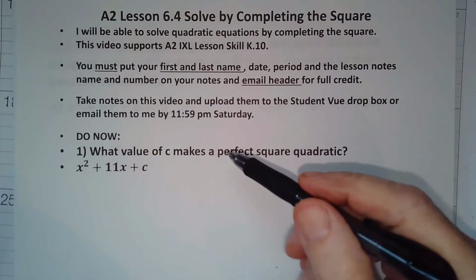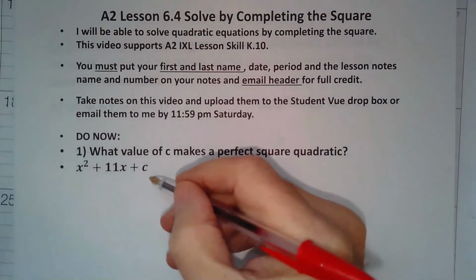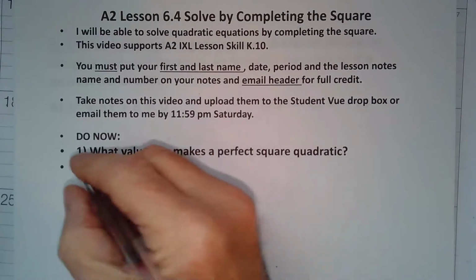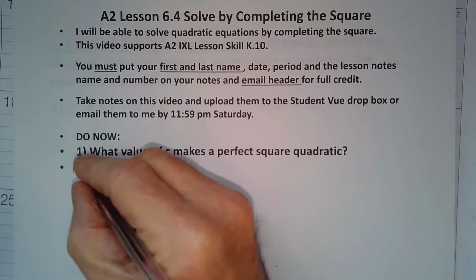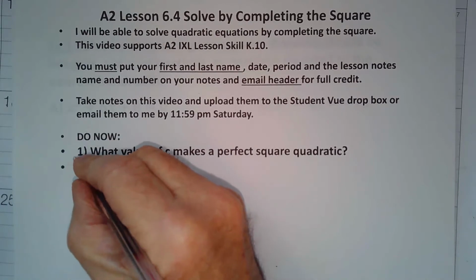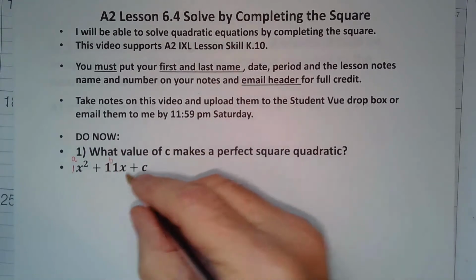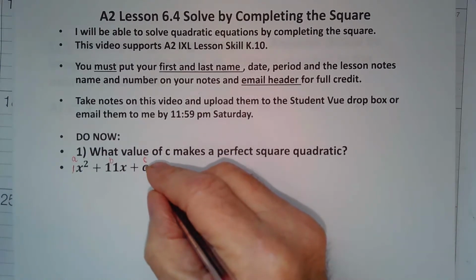Okay, so let's just talk about what we've been doing. We've been looking for the value of c. If you remember, here's a trinomial. The first term, the number that's assumed to be in front of x squared, is 1 here, and that's your a. Then the 11, which is in front of the x, is your b, and then of course this is your c, whatever this number is.